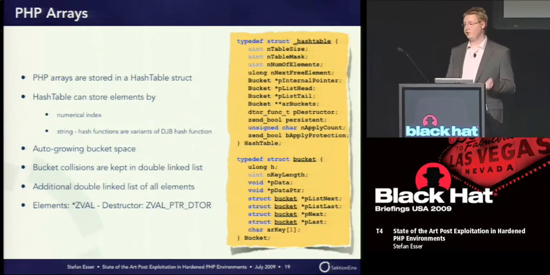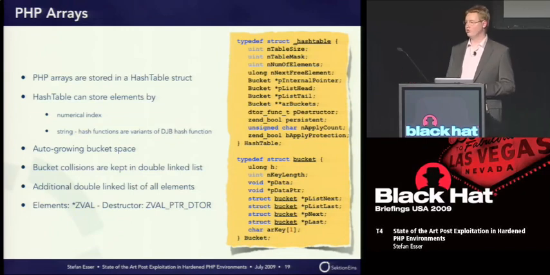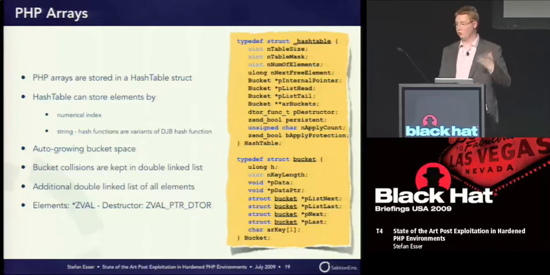Like I said before, there's one interesting element in there which is called pDestructor. It's a destructor pointer, and like I said before, many old PHP exploits try to override this pointer to get code execution. And normally when you have a PHP application, you have a lot of these PHP arrays in memory, and so it's very possible that you hit one of these pointers.